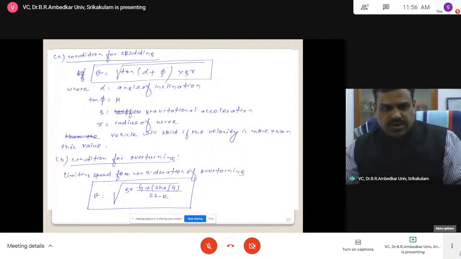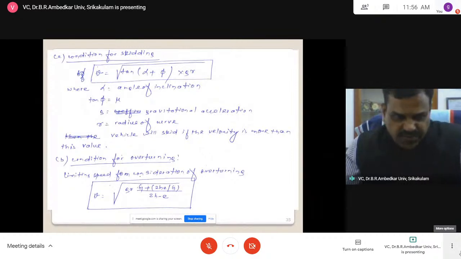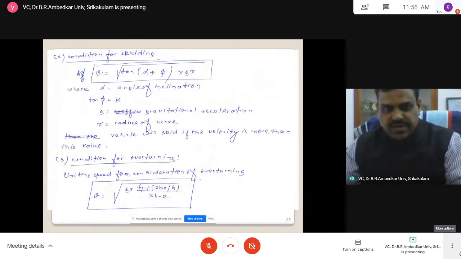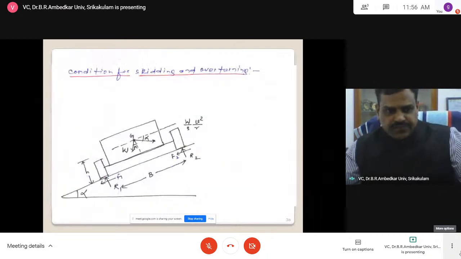Condition of overturning: the limiting speed from consideration of overturning can be obtained by considering this height. This is what is called the height. This is the base.